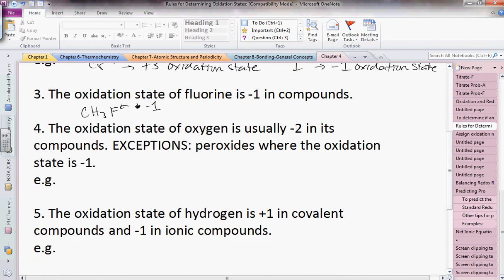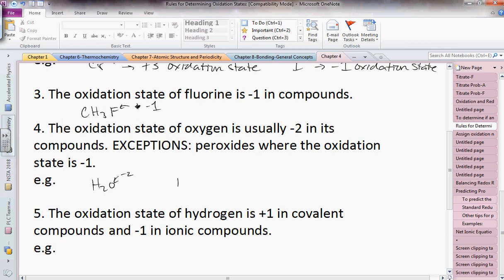For oxygen in compounds, the oxidation state is usually -2. The exceptions are the peroxides, where the oxidation state would be -1. So in good old water, the oxidation state of oxygen is -2.